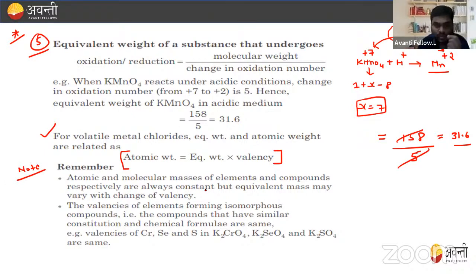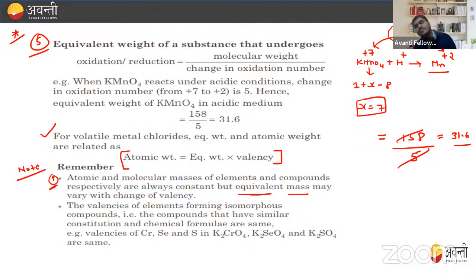Atomic and molecular masses of elements and compounds respectively are always constant, but equivalent mass may vary with the change of valency. So this one is a very, very important point.